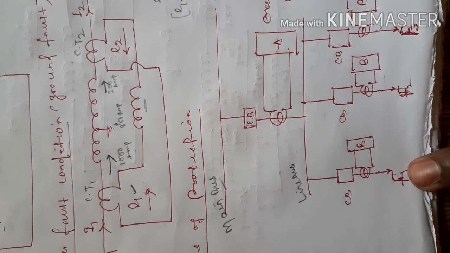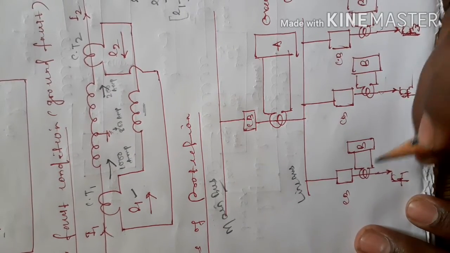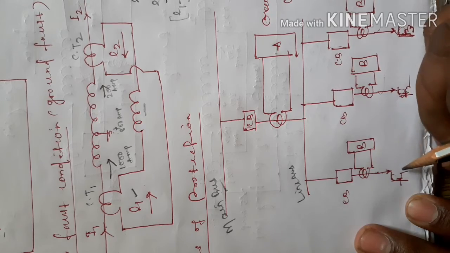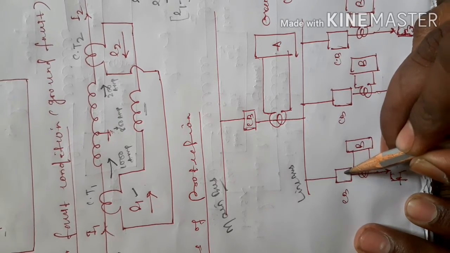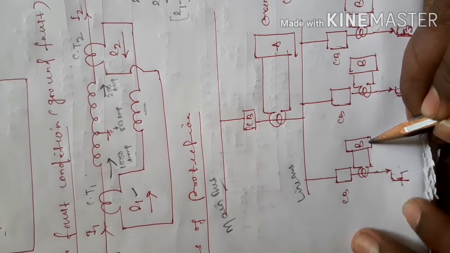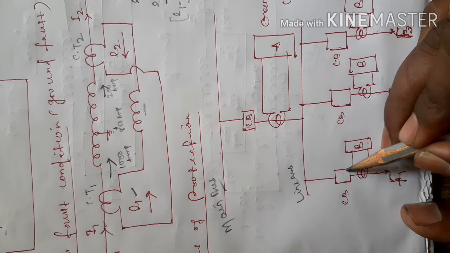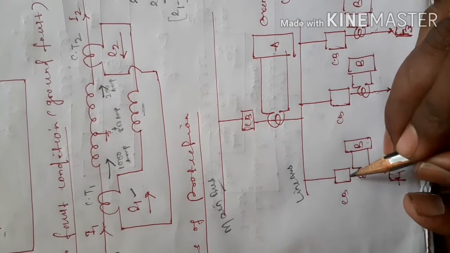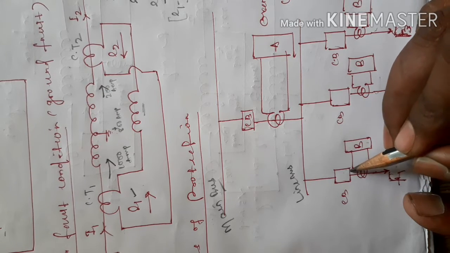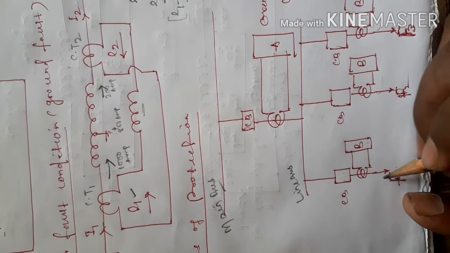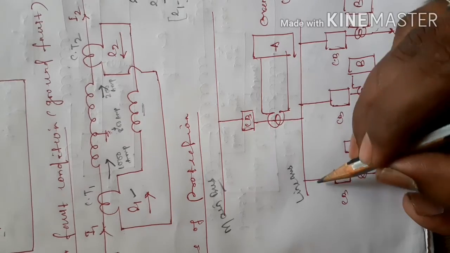Each feeder is protected by a circuit breaker and a protective relay. The function of the protective relay is to send a signal to the circuit breaker when a fault occurs, and the function of the circuit breaker is to isolate the faulty section from the healthy section.